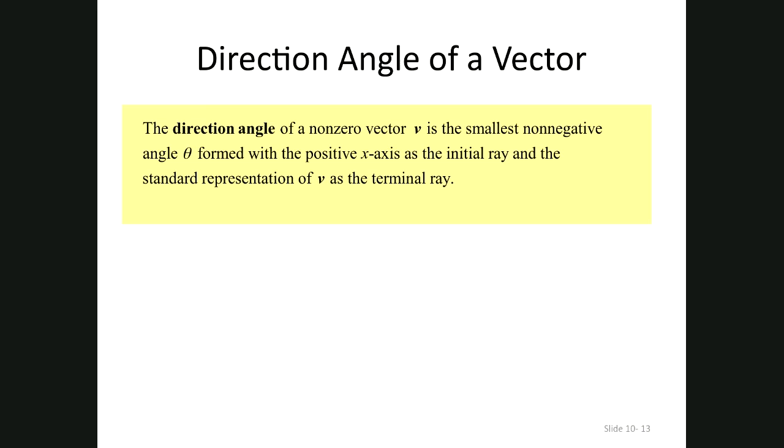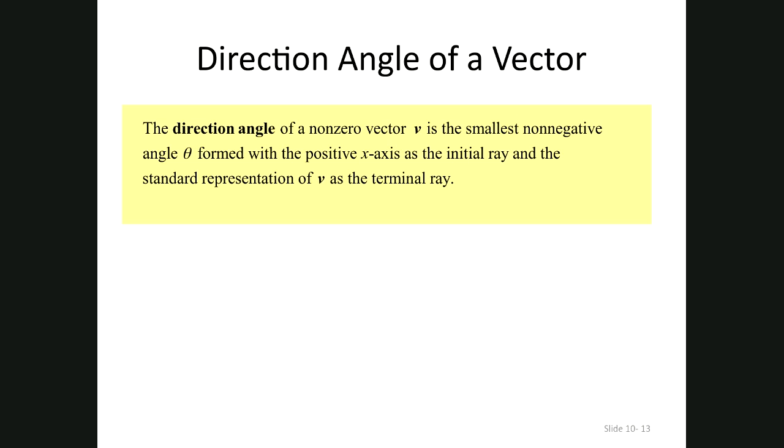All right, now, the direction angle of a vector. Realistically, you won't have to do any of this when you start dealing with the calculus part of vectors. They don't ask you to add vectors together and all that kind of stuff. I'm just trying to review vectors so you understand a little bit about them. The direction angle of a non-zero vector v is the smallest non-negative angle theta formed with the positive x-axis as the initial ray and the standard representation of v as the terminal ray.